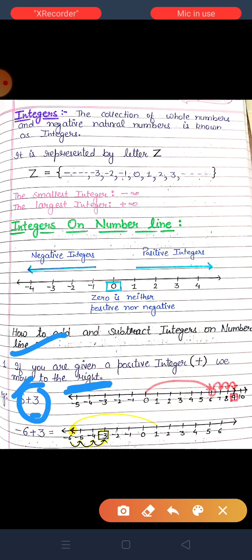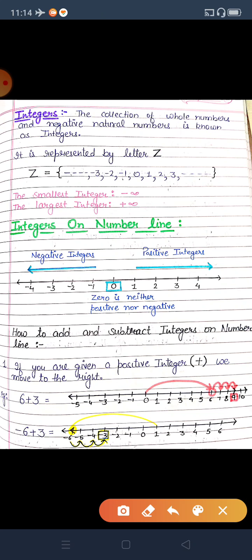As I told you last time also, whenever a plus sign is there you have to go to the right side. So we will go first from 0 to 6, and then we will go 3 places to the right. So 3 places to the right of 6 is 9. So the answer is 9. So 6 plus 3 is equal to 9.